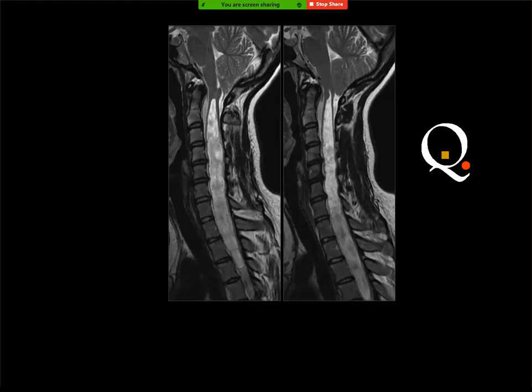But here you see only a cystic component, which indicates that this is a syrinx, dilatation of the central spinal canal. Then you may ask, what about the abnormal signal within the syrinx? Hemorrhage. No. This is due to turbulence of flow inside the syrinx because it is very big.